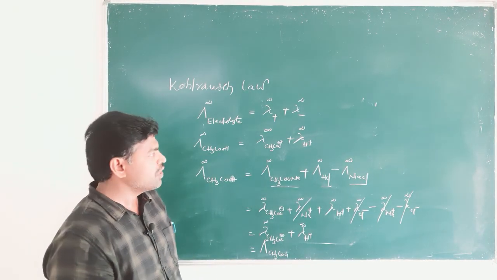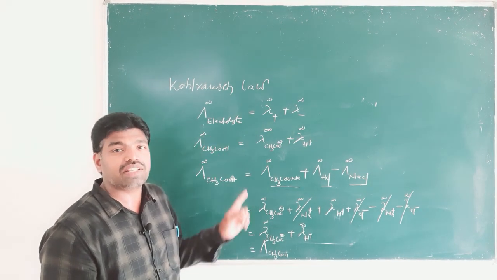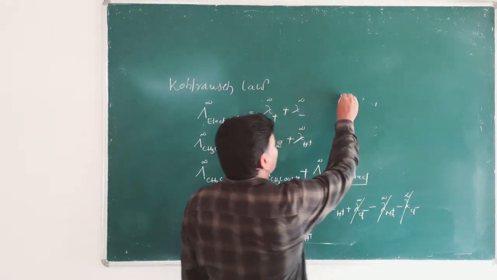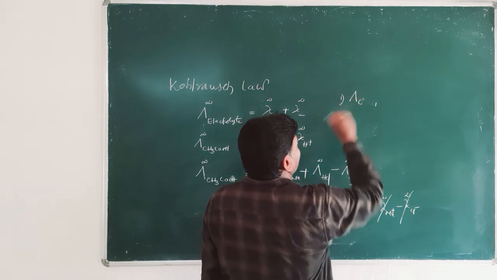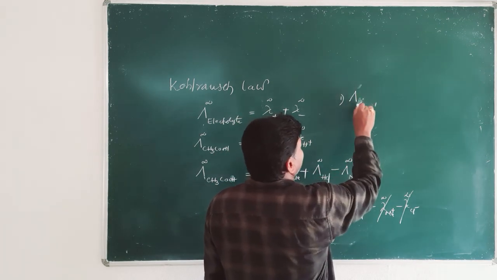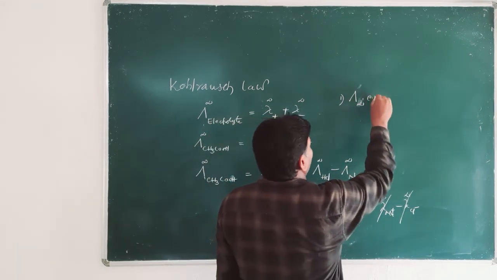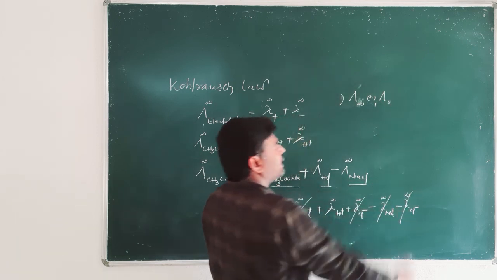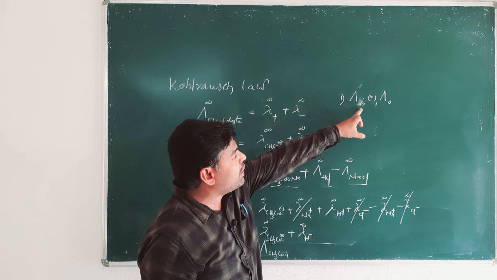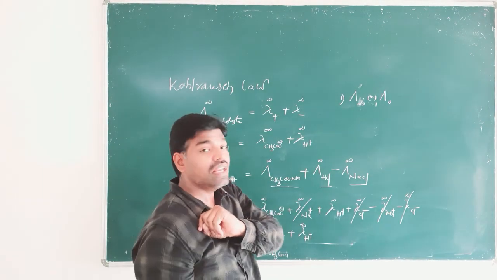By using the Kohlrausch law of independent migration of ions, we can calculate the equivalent conductance of a weak electrolyte at infinite dilution. That is the one application of the Kohlrausch law.